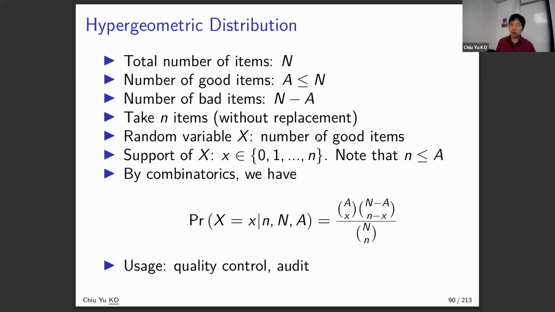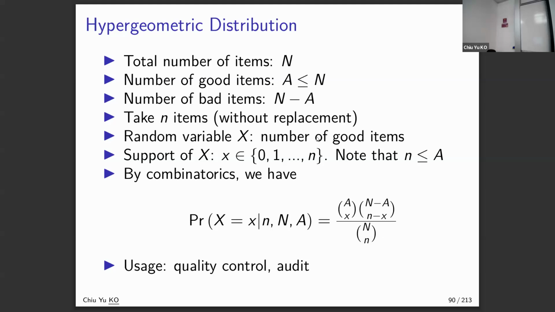The notation we use follows the Excel formula: you have big N items, out of which A of them are good. Good might mean a success item, or defective, or whatever, just the thing you care about. And N minus A is the not-so-good items.